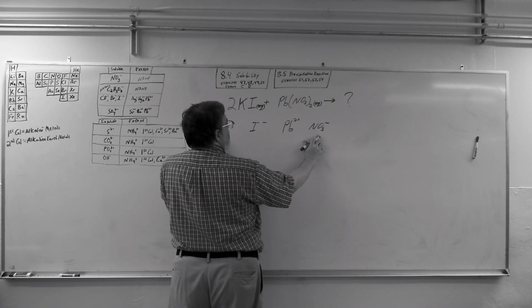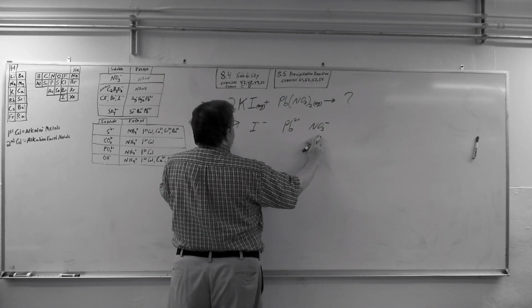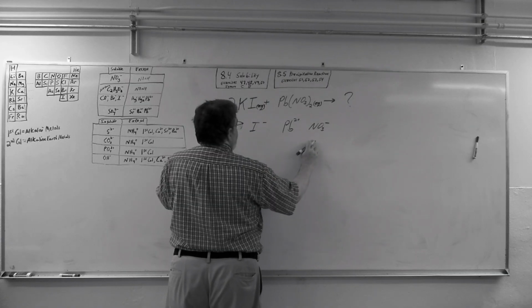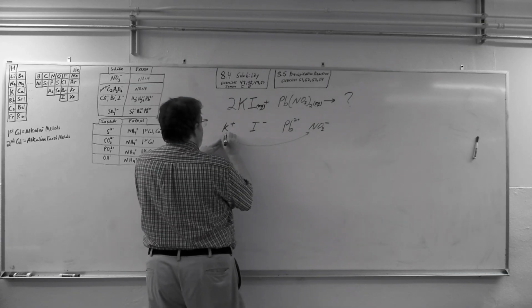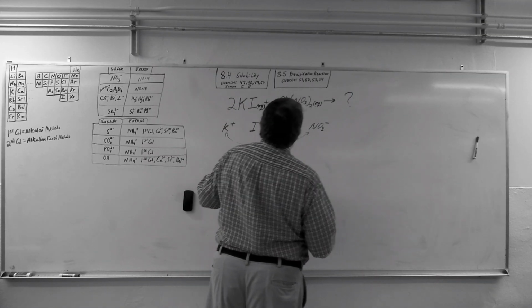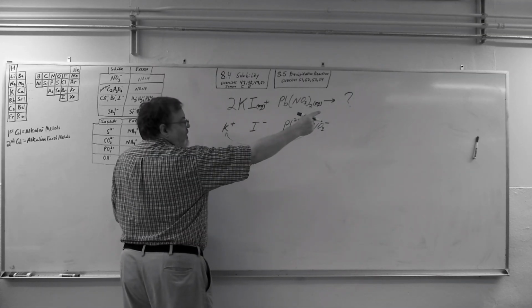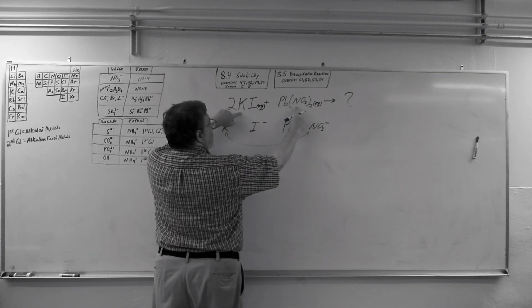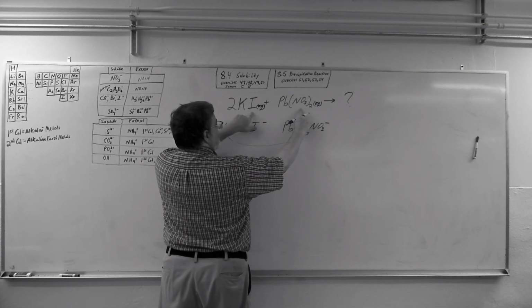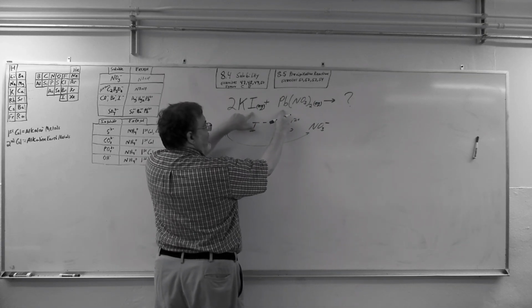K and NO3, those will be attracted to each other. But when K and NO3 come together, so basically what you do to write over on that side is you take this positive ion and stick it to this negative ion. You take this positive ion and stick it to this negative ion.